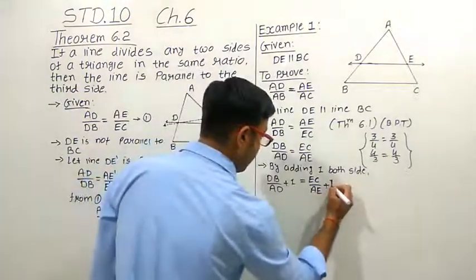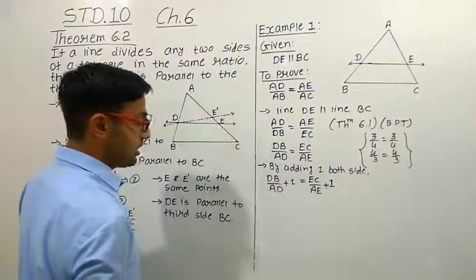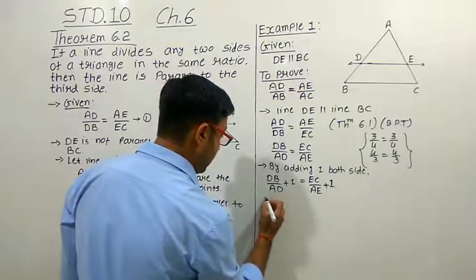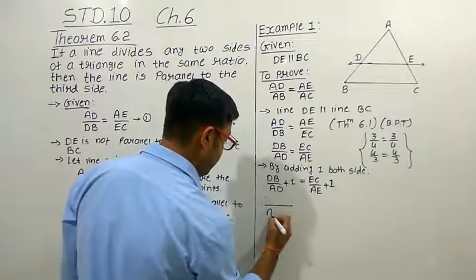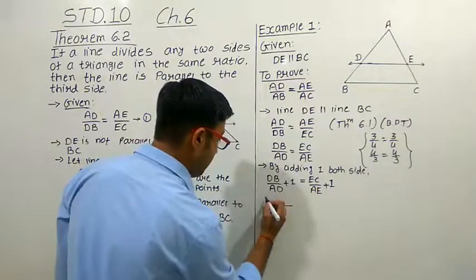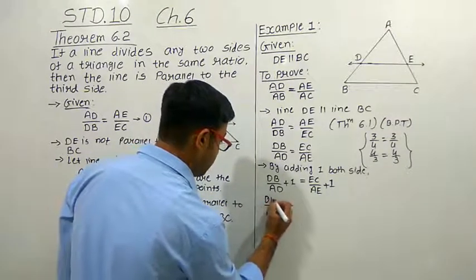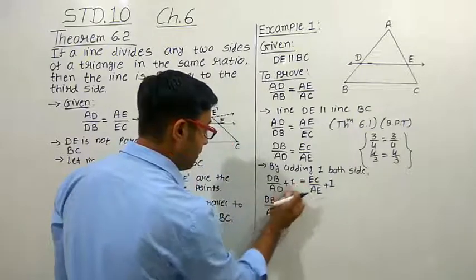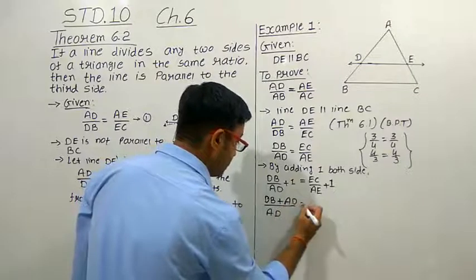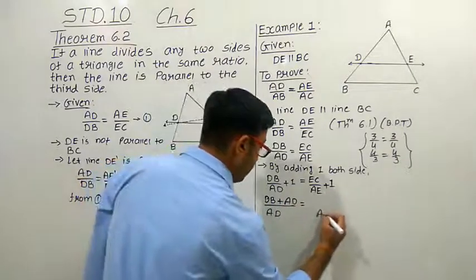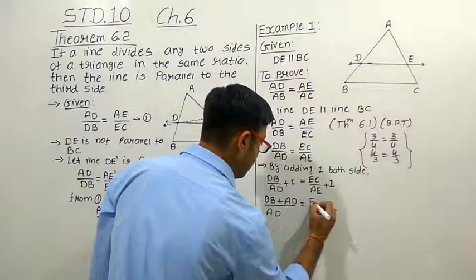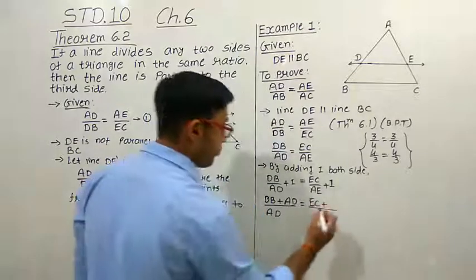Now take the LCM. AD is the LCM, the denominator. DB will remain as it is, and we multiply the 1 with AD. In the same way, here AE will be the denominator, EC will remain as it is in the numerator, and we add AE.